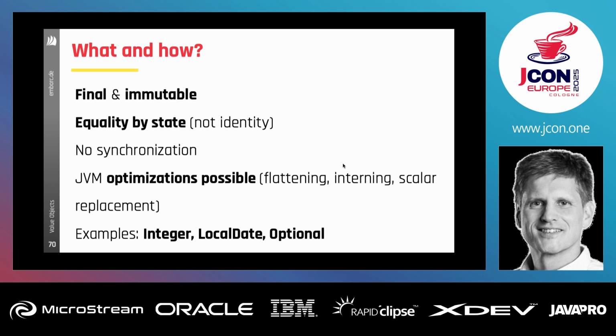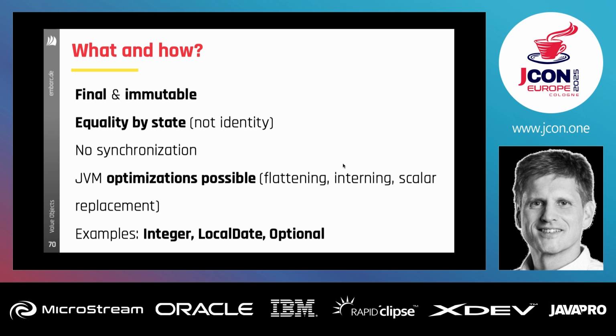They are final classes with immutable fields. If I want to compare two instances of value objects, they will be compared by the state, by the content of the value objects, not by the identity. Identity is the reference to an address in the heap, and now we will always compare the content.